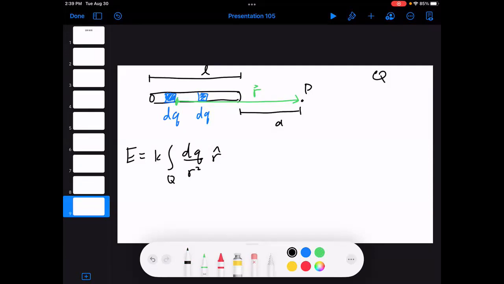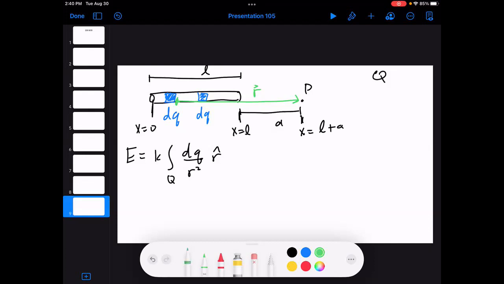Let us first write down some things. I'm going to put a 0 here. Let me just make sure where I want to put my 0. I think I want to put my 0 right here, x equals 0. So that means this is x equals L. That means this is x equals L plus A. All right.